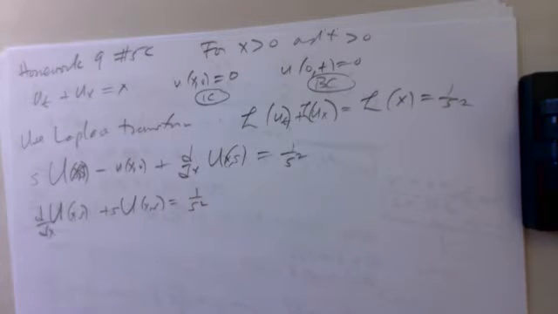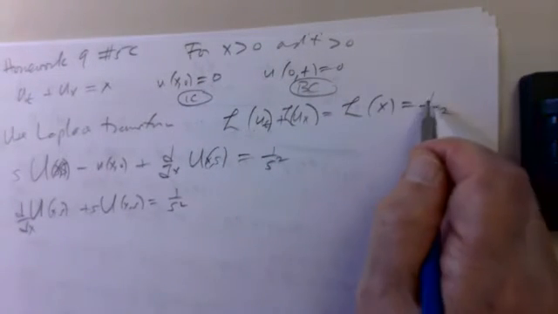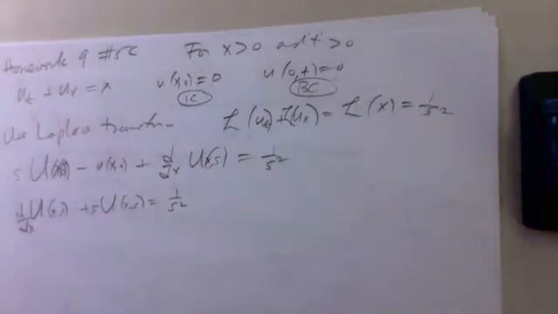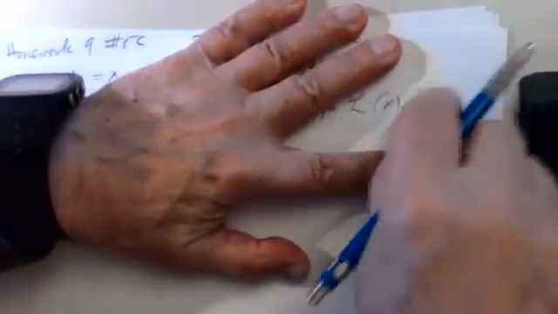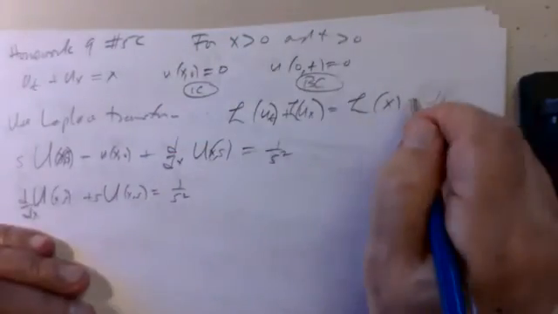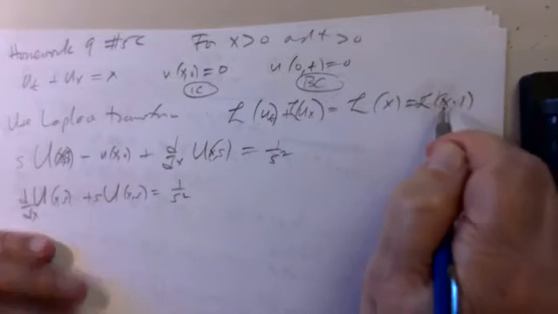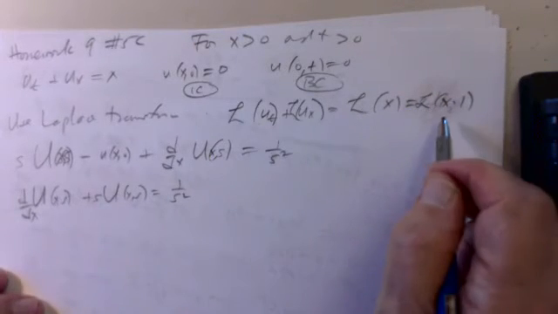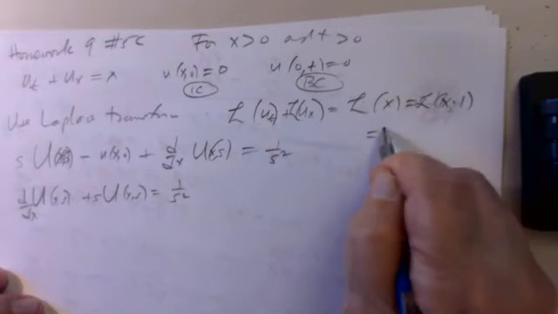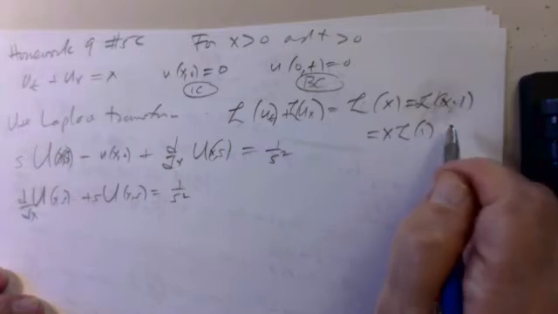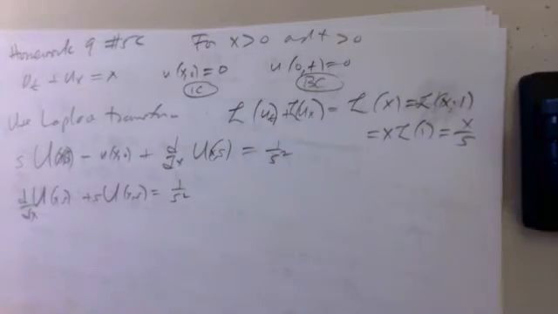Oh, I'm sorry, I made one mistake. Let me get this right, because this is important. This is the Laplace transform of x times 1. We're taking the Laplace transform with respect to the variable t. So this is x times the Laplace transform of 1. The Laplace transform of 1 is 1 over s. So this is x over s.